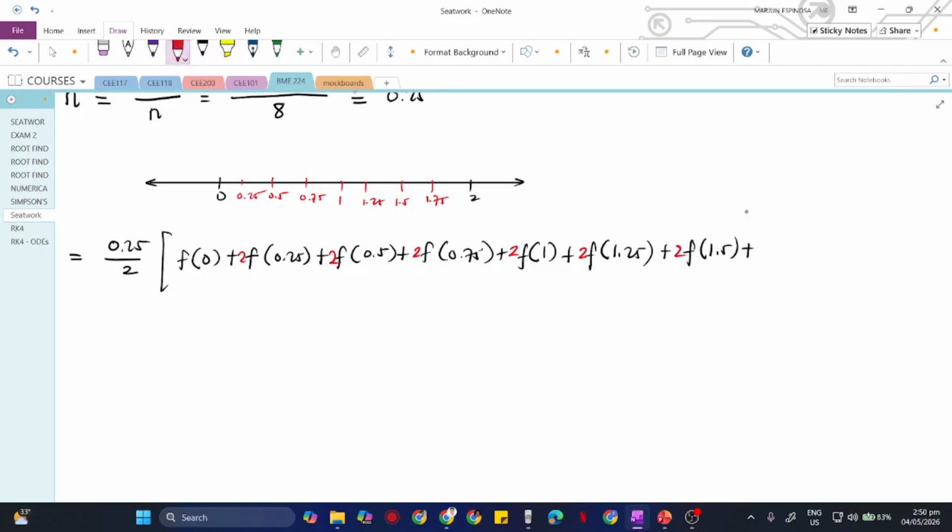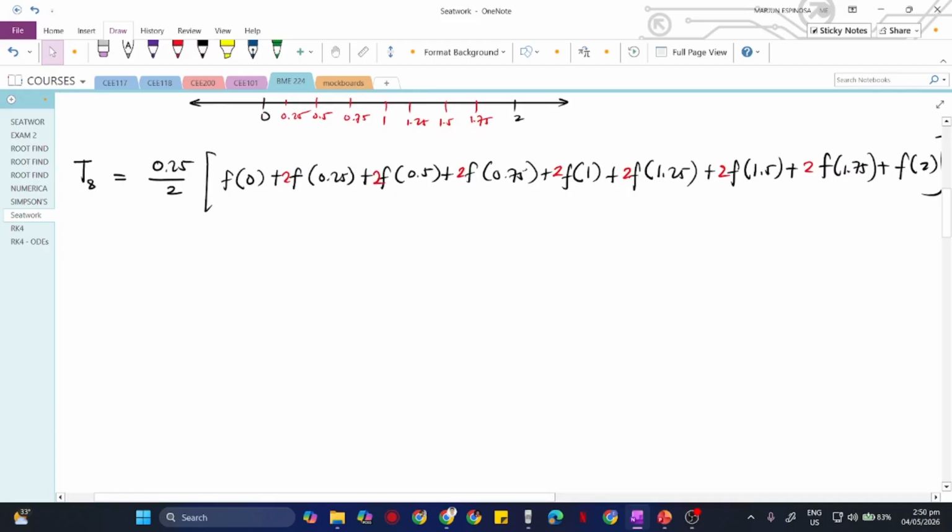Then, you have here 2. F of 1.75. And lastly, f of 2. Okay? So, we're expecting 9 terms. 1, 2, 3, 4, 5, 6, 7, 8, 9. So, that would comprise 8 subintervals.